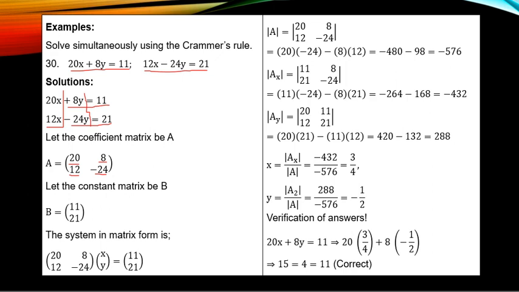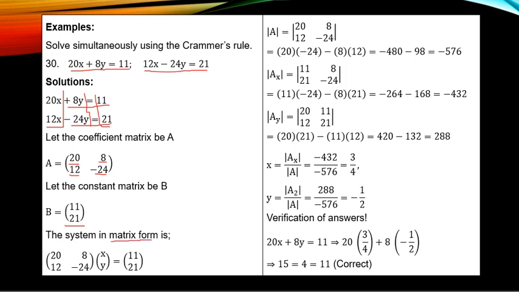Now let's get a constant matrix B. That constant matrix is what I call the right hand side. That is 11, 21. You form them using the order of the equation. 11 is for first equation, 21 is for second equation. After that, you put the system in matrix form.